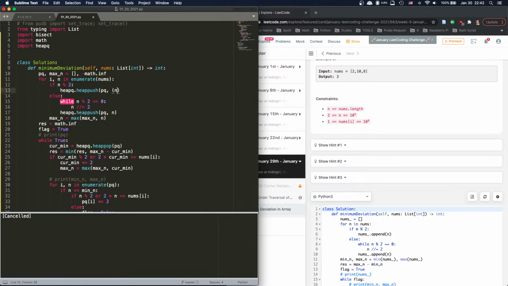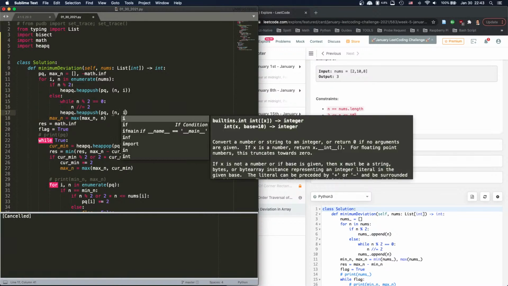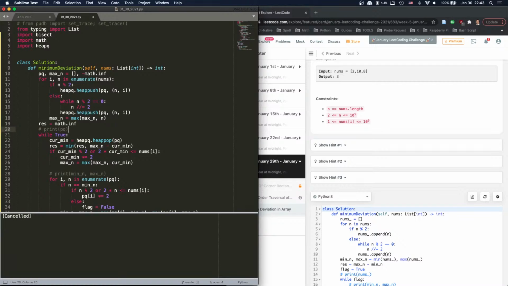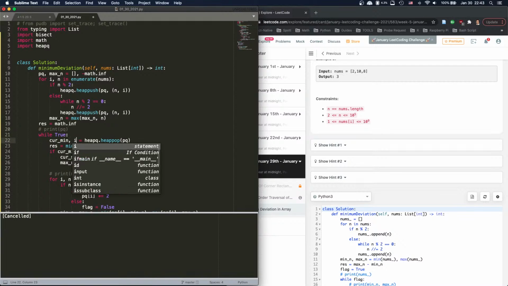I want to push num and i, and then current min i equals this, and then update the result, and then if the current min can multiply by 2, or 2 times is smaller than this, we upgrade it.